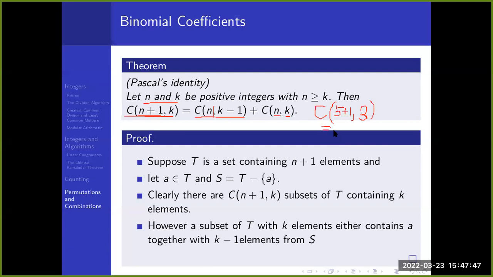So the formula says that this will be the same as C(5, 2), that is k minus 1, and then plus the second one, which is the number of k combinations, so this is just 3 from a set with 5. It's just an illustration of the theorem, but this is not a proof. We're just about to go through the proof.